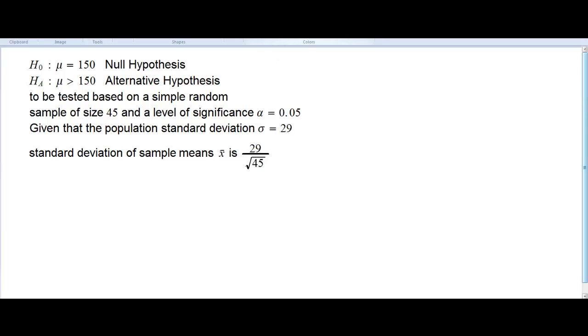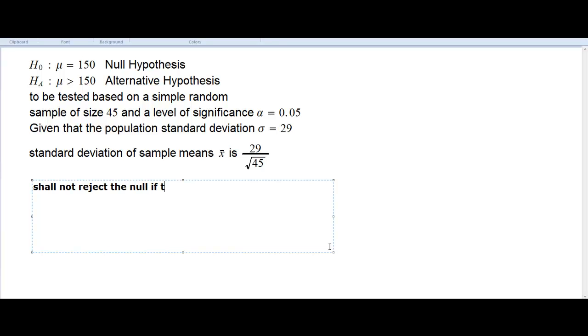So what do we do here? We shall not reject the null if the sample mean of the sample that we are going to take is less than the 95th percentile, because our right tail has to be 0.05 in the area, that is 5% of the area is in the right tail.